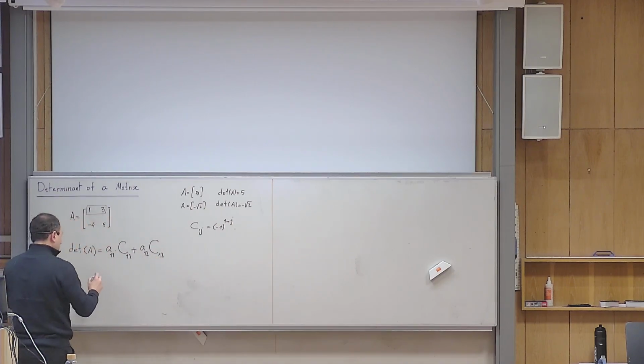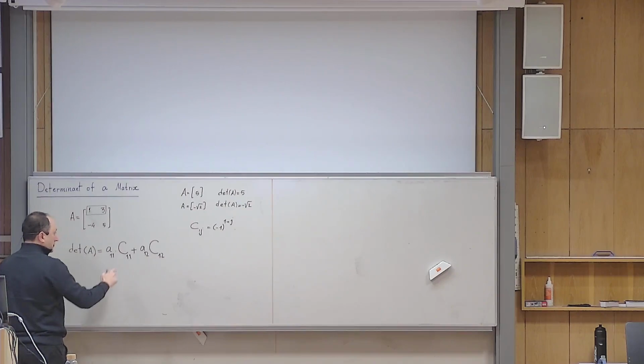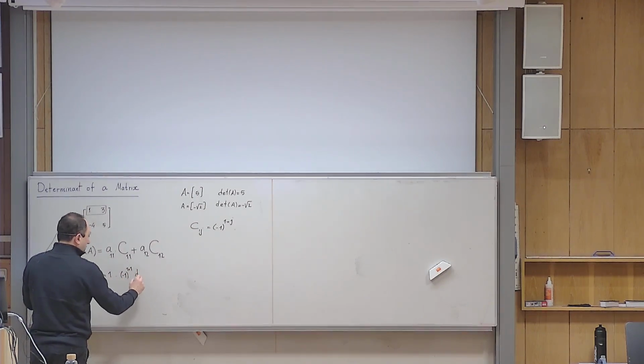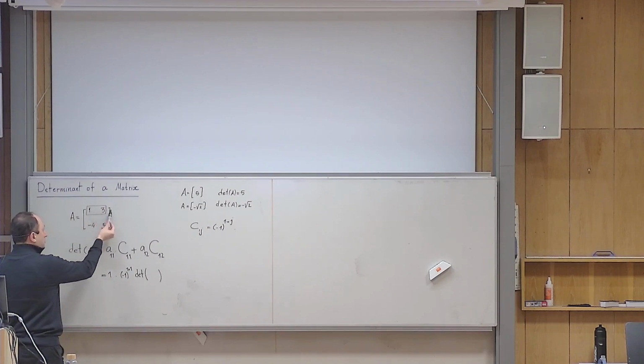Okay, so let me just try to do it instead of explaining it too much. Instead of A11, I write 1, multiplied by, instead of C11, minus 1 to the power of 1 plus 1. But the determinant of which matrix? The determinant of the matrix in which this row and that column are removed.